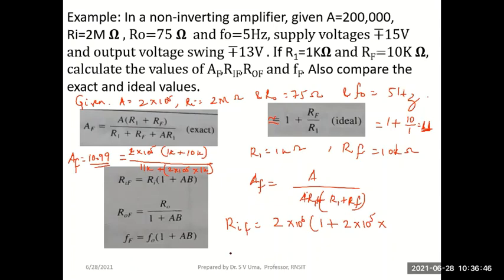No. How do you find the feedback factor beta? Do you remember the equation? R1 by R1 plus RF. Find it. The feedback factor B or beta is given as R1 by R1 plus RF. It is 1 divided by 11.